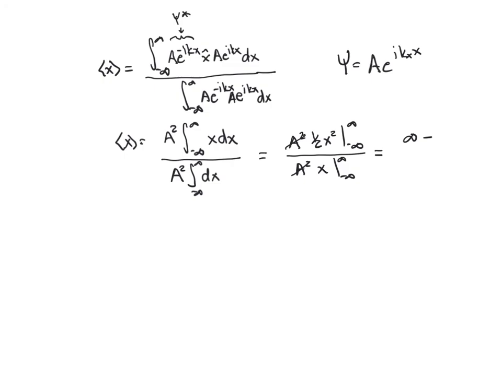Minus infinity squared is just infinity, so minus infinity. And then when I evaluate the denominator, I have infinity minus minus infinity. So the average value of x is infinity minus infinity divided by 2 infinity, and that is just equal to 0. Anything minus itself, including infinity, is 0, so 0 in the numerator. And then my denominator goes to infinity, and the bigger the denominator gets, the closer that value gets to 0. So this is truly equal to 0. So my average value of x is at 0.